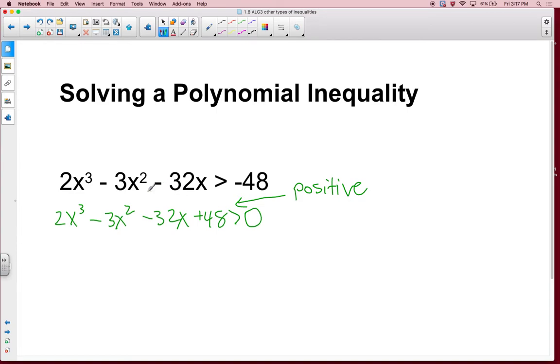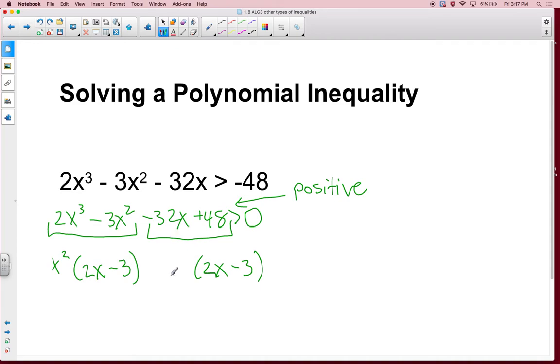We can look at the first two terms and say, what can I take out? An x squared. And I'm left with a 2x minus 3 here. We know that we need to have the same binomial left over here. So I'm going to be left with a 2x minus 3 here. And in order to have that left, I need to take out a -16. You can check that by dividing each term by -16, and you'll get this binomial.